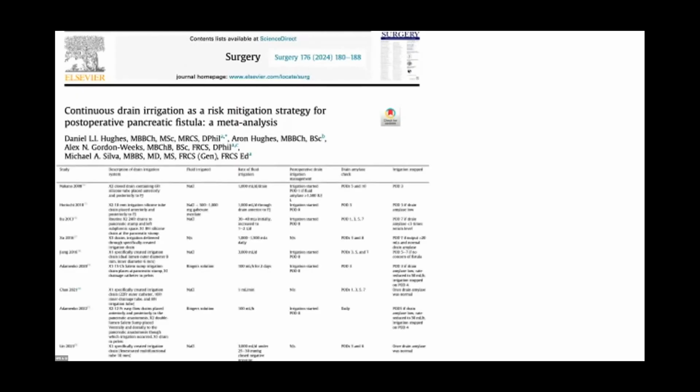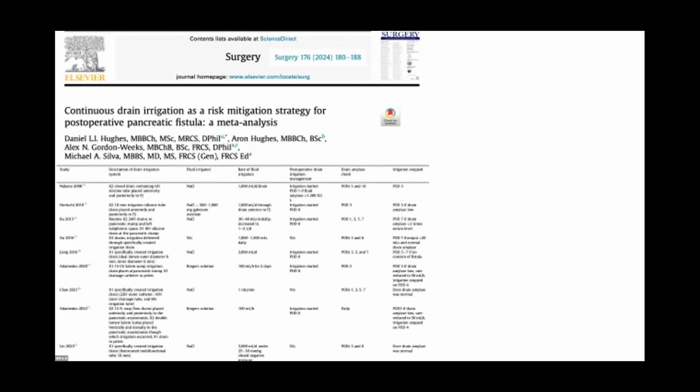Can you do something in the post-operative period? Now, we know the drill. If there is a fistula, what to do: nutrition, antibiotics, drain management, and if there are complications, deal with them in a stepwise manner. Now, this one study is a meta-analysis of continuous drain irrigation in the post-operative period, seeing whether it mitigates the incidence of post-operative pancreatic fistula.